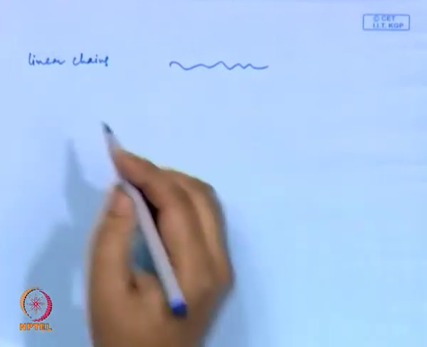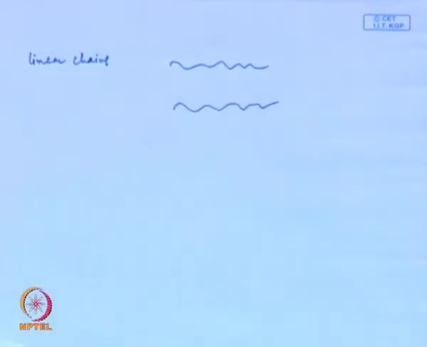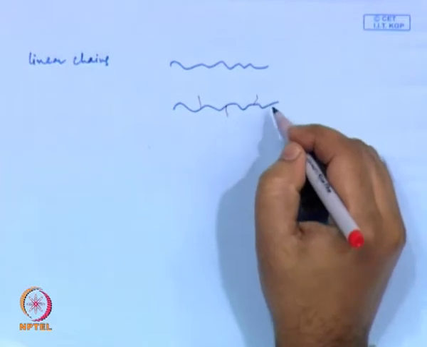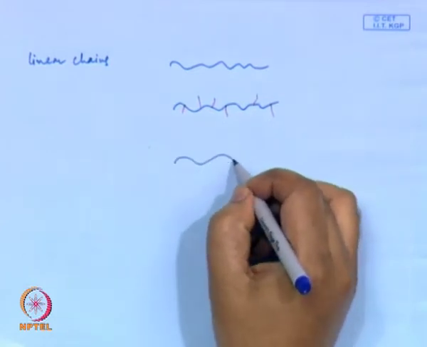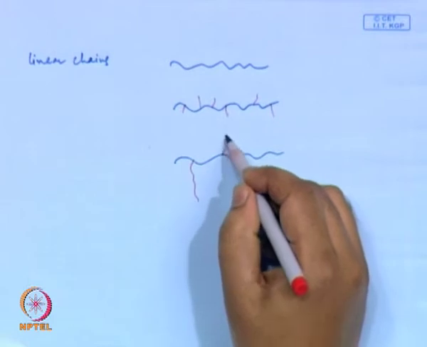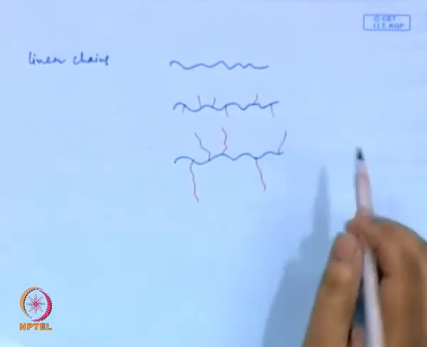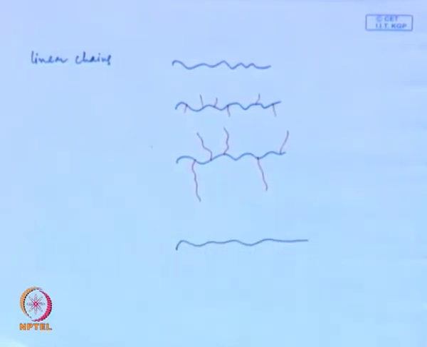It can have branched chains, like you have this linear polymer plus you have these branches, you can have branches like this, or you can have branches like these.